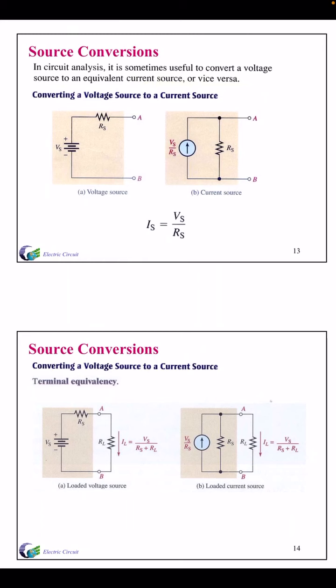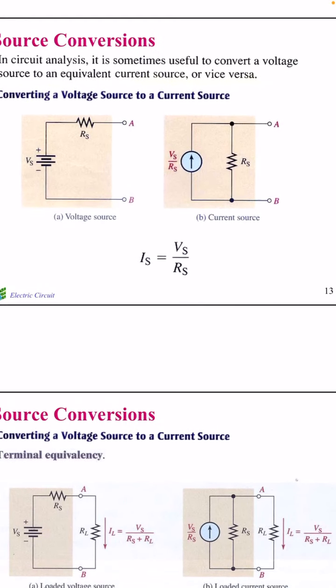Here first we are discussing, as you can see in the diagram, how to convert a voltage source into a current source. If we are given a circuit where a voltage source of value Vs is connected and Rs is its internal resistance, how will we convert this type of source into a current source?